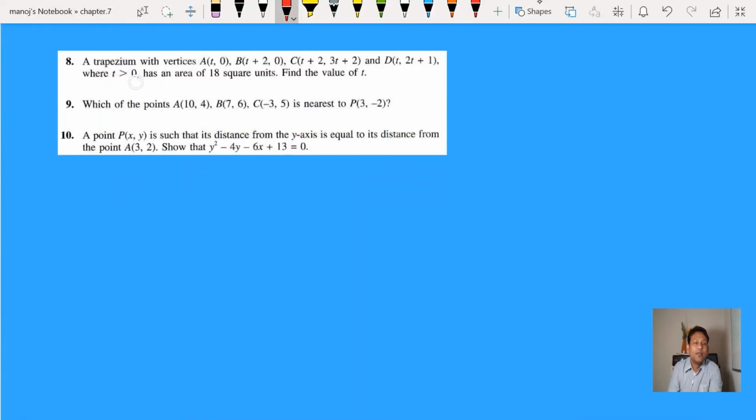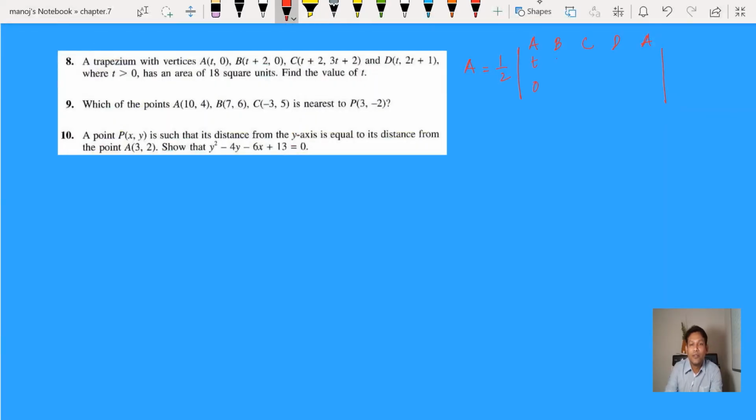Question number 8. The trapezium with these vertices has area 18 square centimeters. Find the value of t. This is the same thing actually. We have to use the formula for the area of a trapezium: A, B, C, D, and again A. So A you can write as t comma 0.